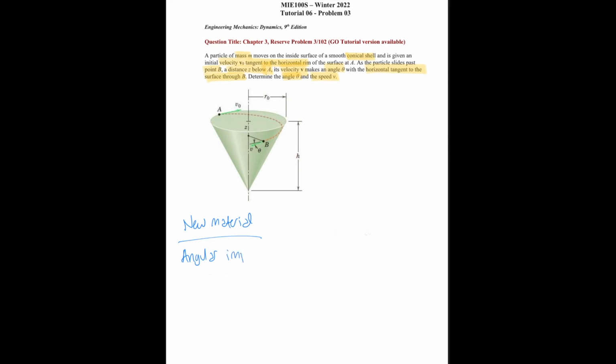We have angular impulse and momentum equations, which is basically H naught is equal to r times mv, where r is the radius, m is the mass, and v is the velocity. Now, the conservation of angular momentum is very similar to the linear one. It's just delta H naught is equal to 0, or H1 is equal to H2.